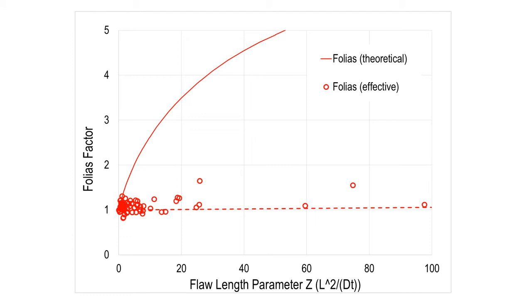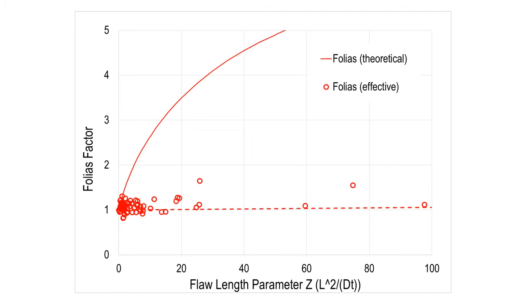Okay, so here we have a plot where we have the Folias factor on the x-axis, and we have that flaw length parameter z on the y-axis. So as you go from left to right on this plot, you're looking at longer and longer corrosion flaws. Now, you'll see that I've plotted a solid red line, which represents the Folias factor, and that's basically the equation that you get out of ASME B31G.